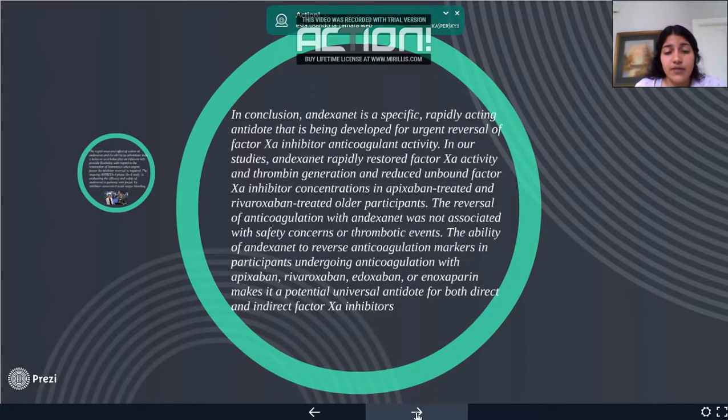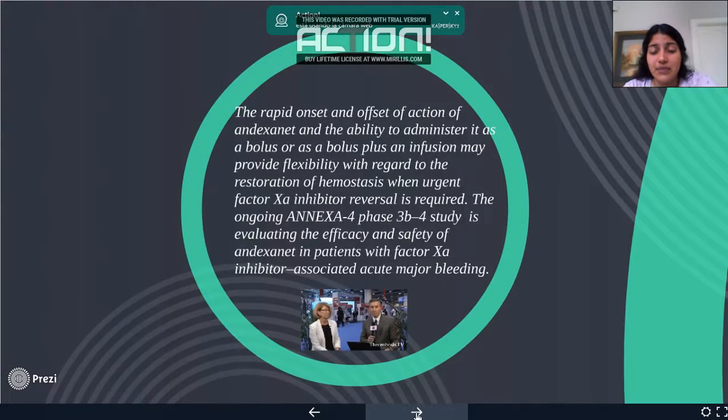The ability of Andexanet to reverse anticoagulation markers in participants undergoing anticoagulation with apixaban, rivaroxaban, edoxaban, or enoxaparin makes it a potential universal antidote for both direct and indirect factor Xa inhibitors.